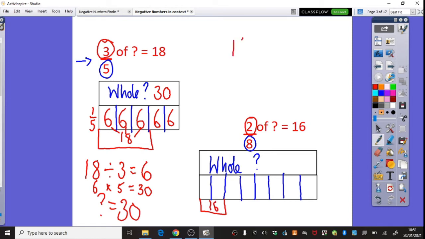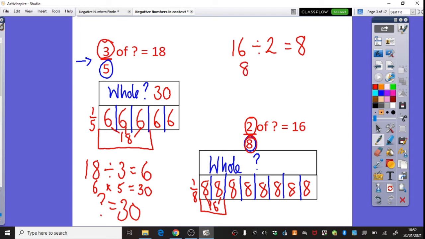So if 2 of them are equal to 16, how can we find what one of those 8ths is worth? That's right, we're going to divide our 16 between our 2 parts, which actually gives us 8. So if this one here is worth 8, then every other one is also worth 8. And how many parts have we got here? 8.